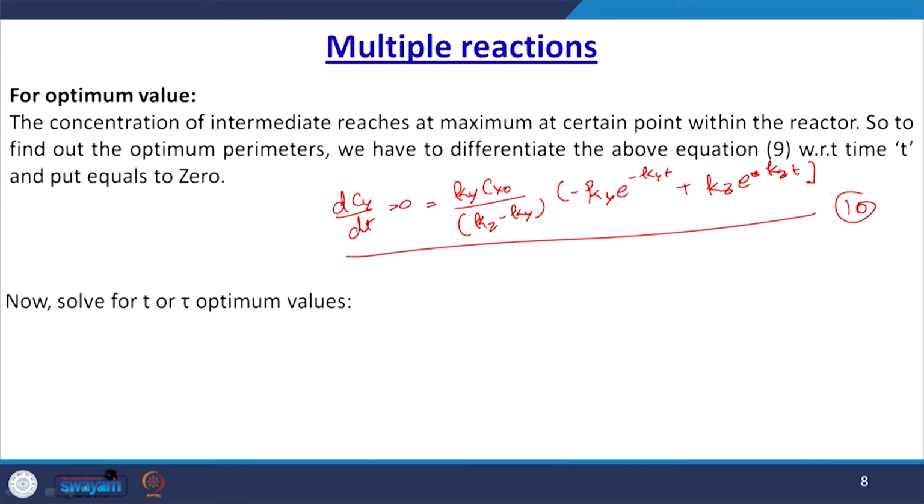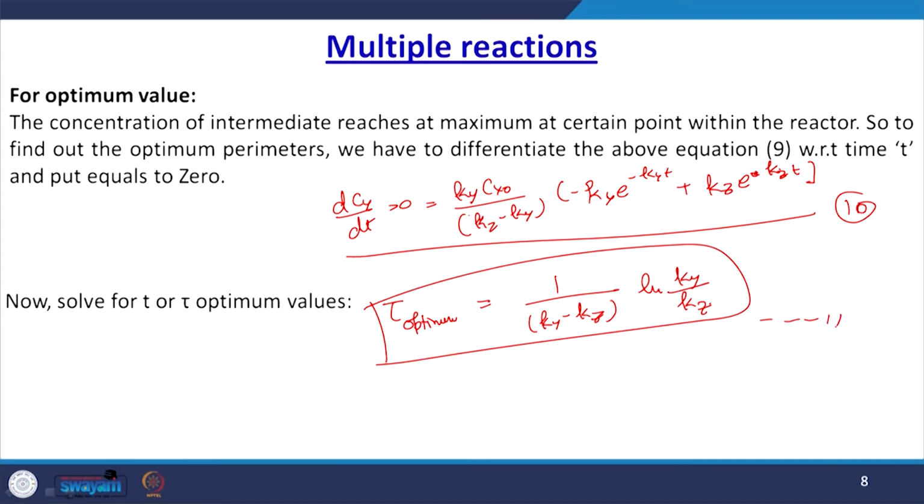Now, if we solve for t for the optimum value, the tau optimum is 1 upon (ky minus kz) ln(ky upon kz), and that becomes equation number 11.